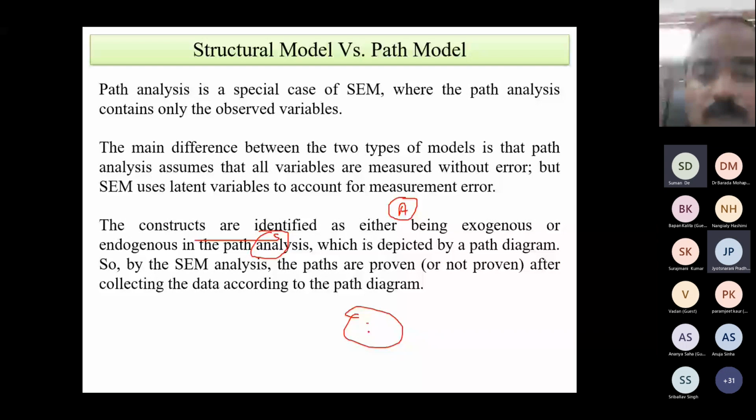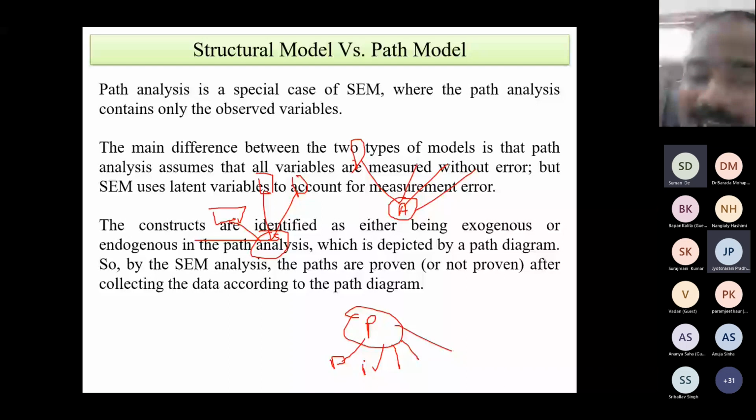This measurement model you have tested by, suppose, 4 indicators. This one you have analyzed by 3 indicators, and this by 3 indicators. And this measurement model, suppose you have analyzed by 5 indicators.